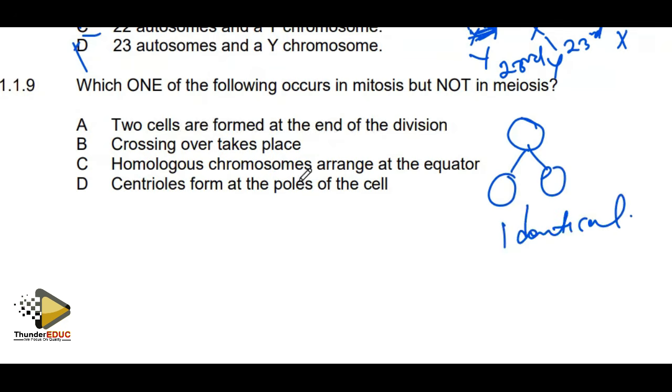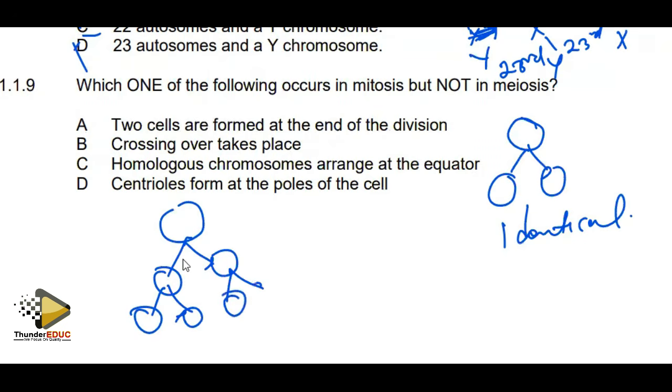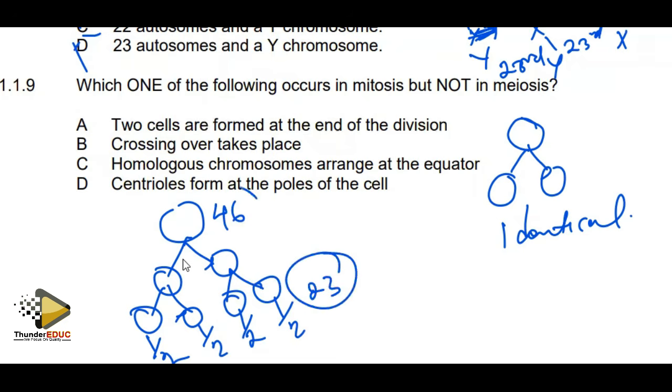But if you look at meiosis, you have one cell, you form two cells in the first meiotic division, you divide again, you form four cells. These are the ones which form the sperms and the ova. And they have half the chromosome number of the parent, which is, for example, if it is a human, 46, and then here will experience 23 chromosomes.